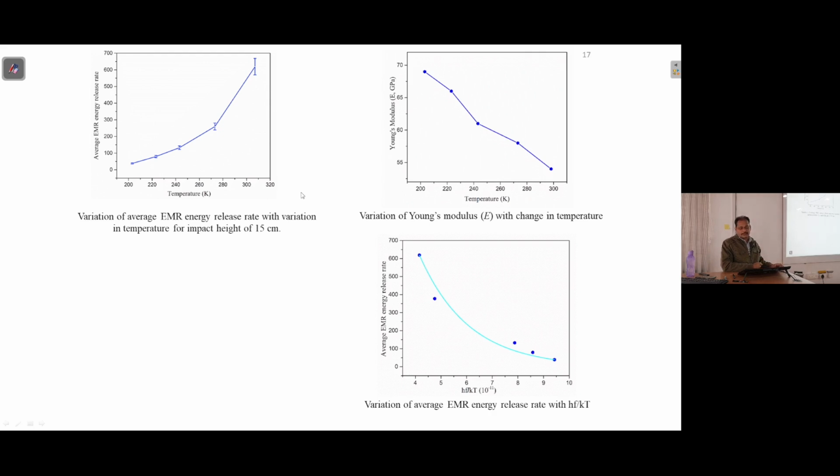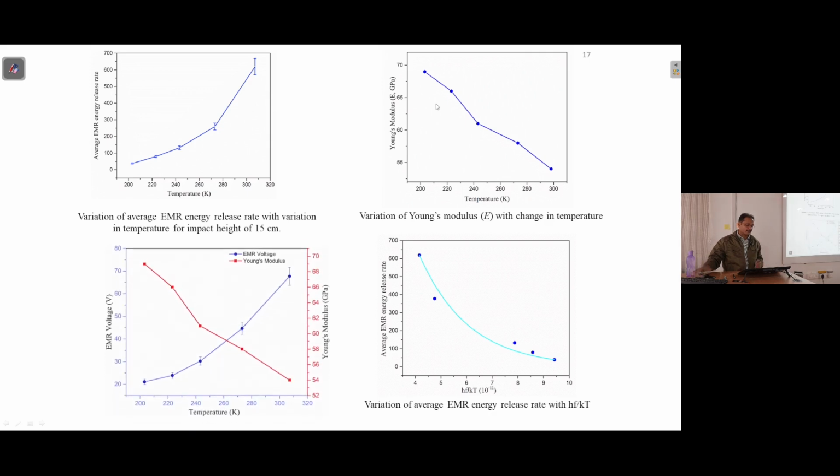This again gives the variation of Young's modulus. Here we are close to the room temperature value, and as the temperature is increased, the Young's modulus is giving an increasing trend. So that's what is observed, right?